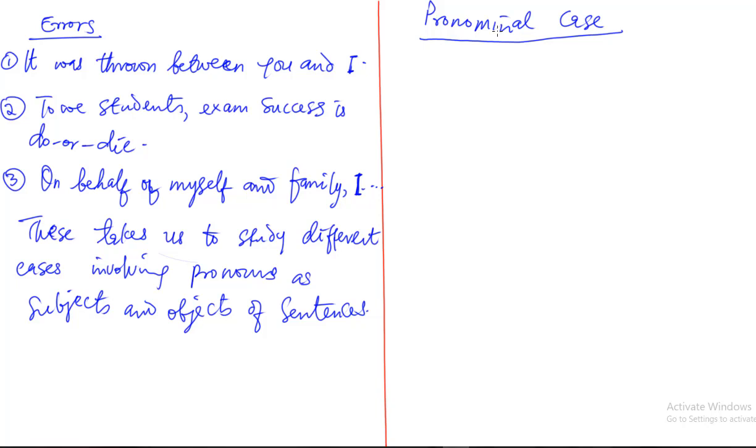These forms are what we are going to look at under the first person, second person, third person, singular, and plural. And we are going to look at it under both subject and object.